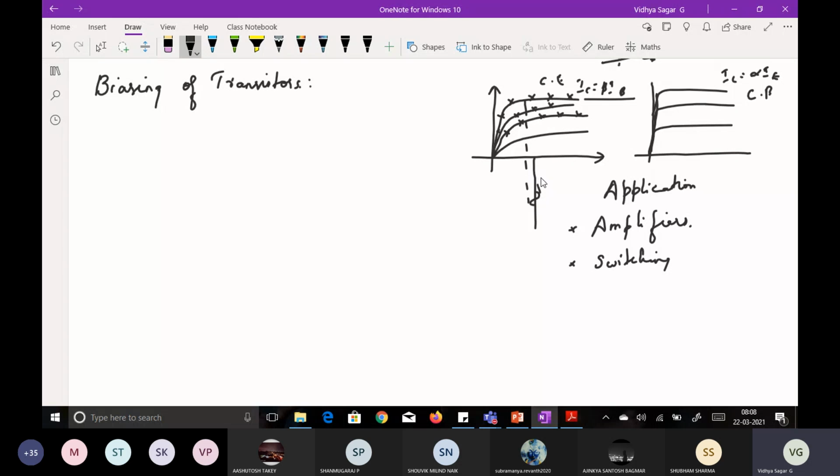So likewise I'm going to indicate it on my characteristics. Consider this as a straight line. Fine. So here you could see my signal will be in this fashion.